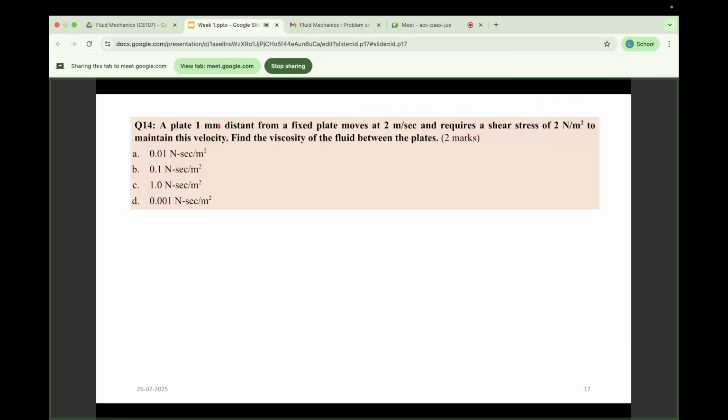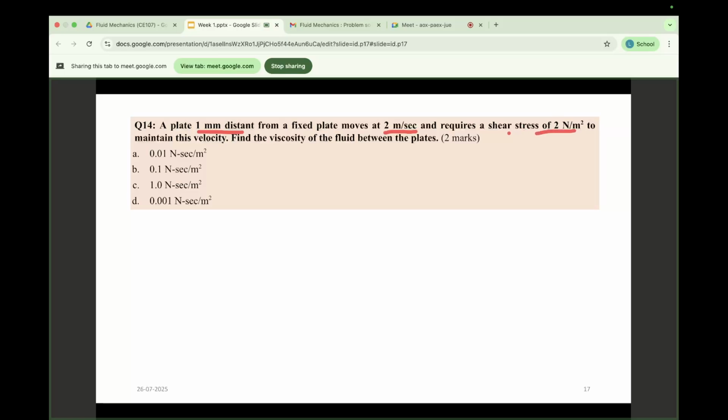Here it is given a plate 1 mm distance from a fixed plate moves at 2 meter per second and requires a shear stress of 2 Newton per meter square to maintain this velocity. Find the viscosity of the fluid between these plates. What is given? A distance, a velocity, and a shear stress.